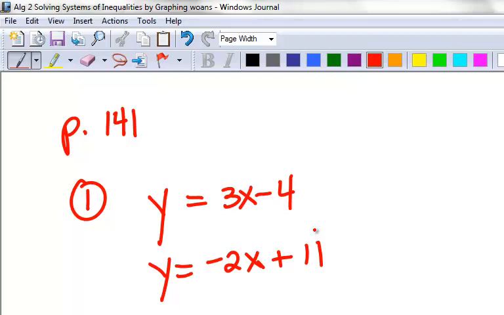Go back and clear out both equations. Put in 3x minus 4. Then go down to y sub 2. Put in negative 2x plus 11.